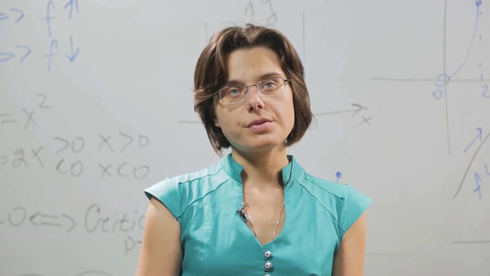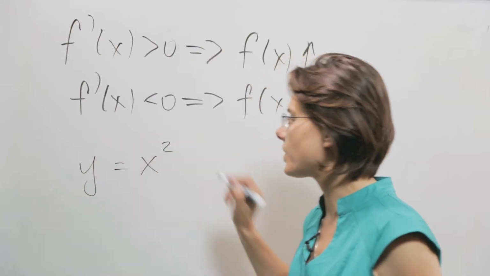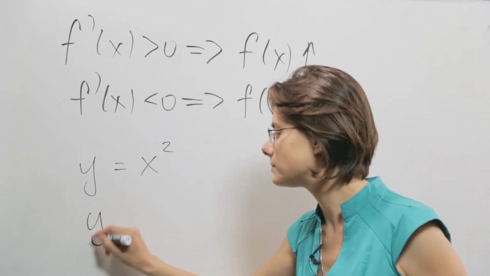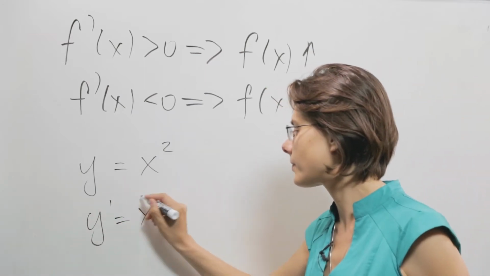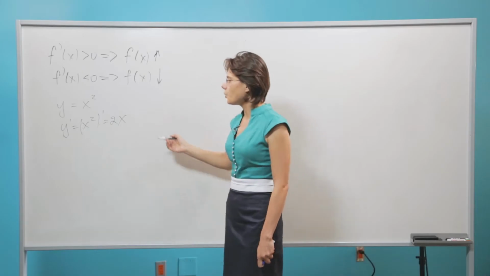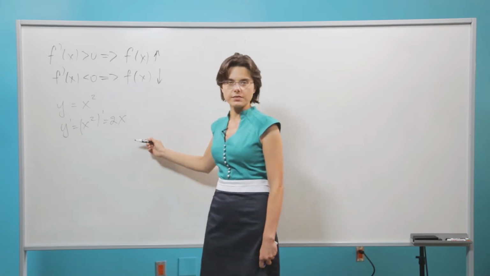Let us do some examples. Let's say I wanted to investigate the behavior of the function x squared. So we find the derivative of this function, which is just 2x. Now we have to investigate when this derivative is positive and when it is negative.